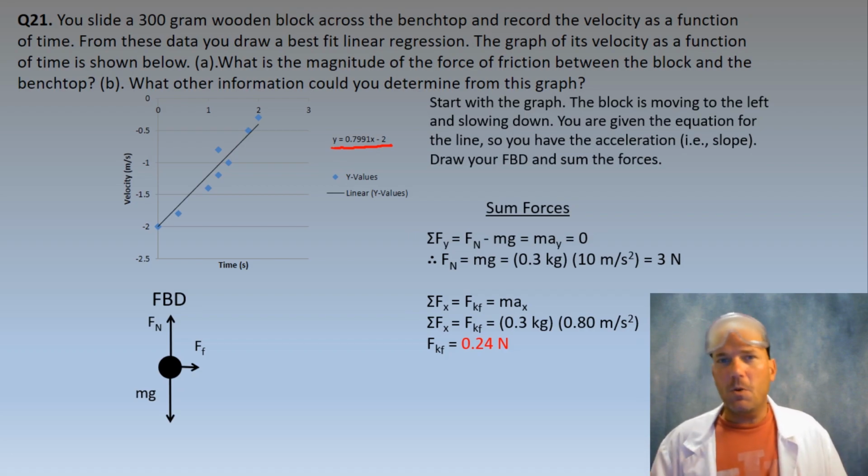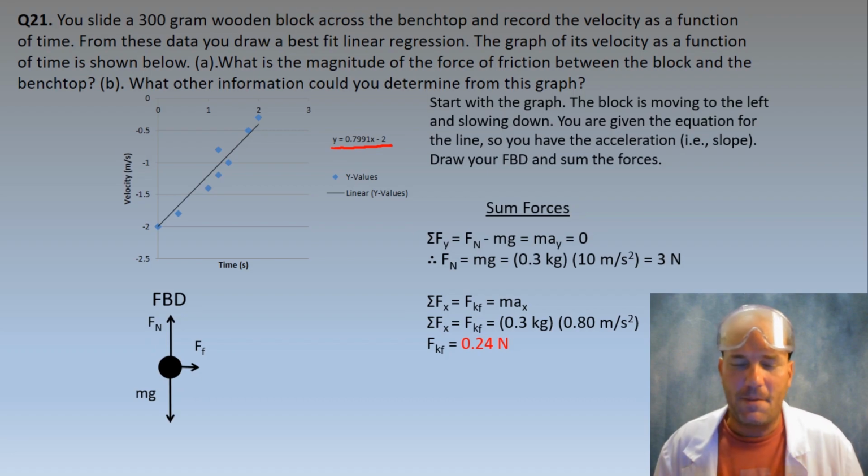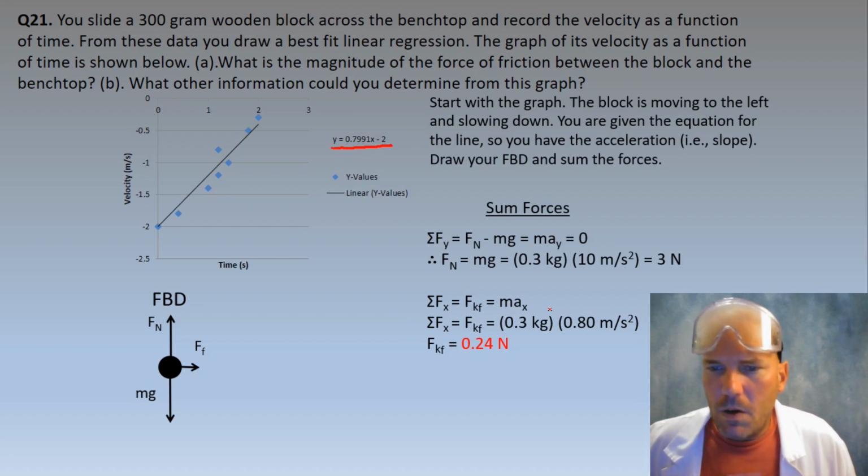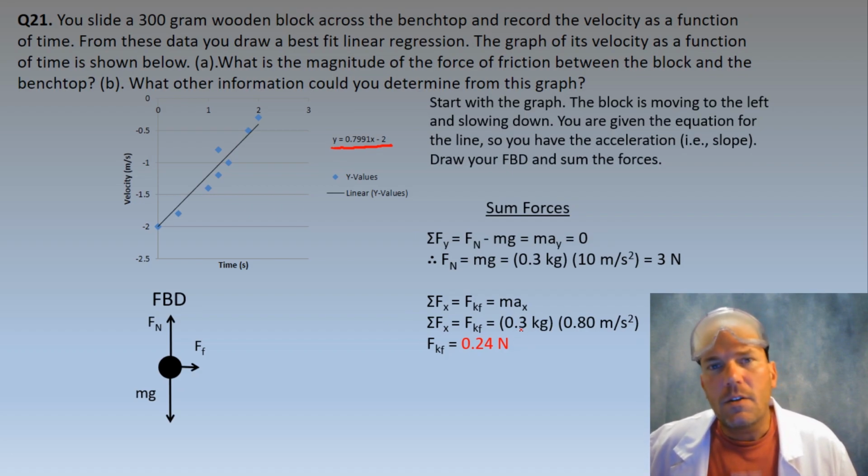It is in the direction forward, or to the right, okay? So now what we can do is look at our x direction and we can say, all right, we have a value here for the mass of the block. Where did this come from?